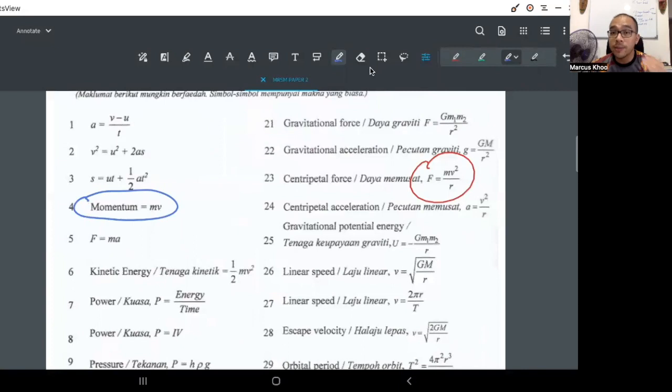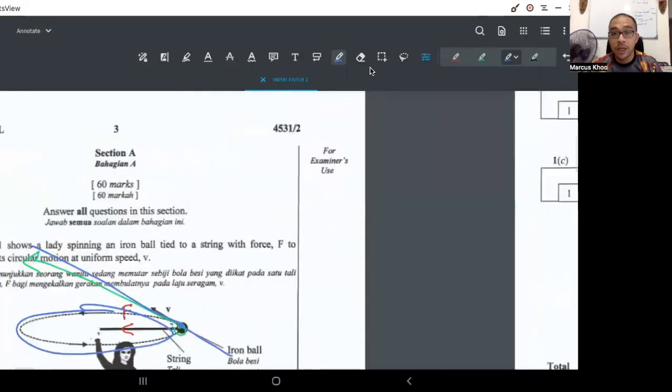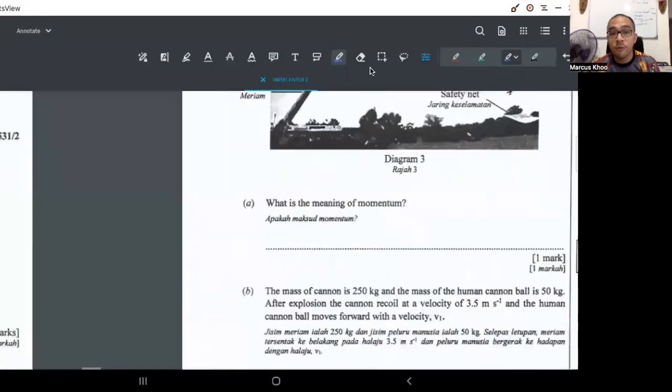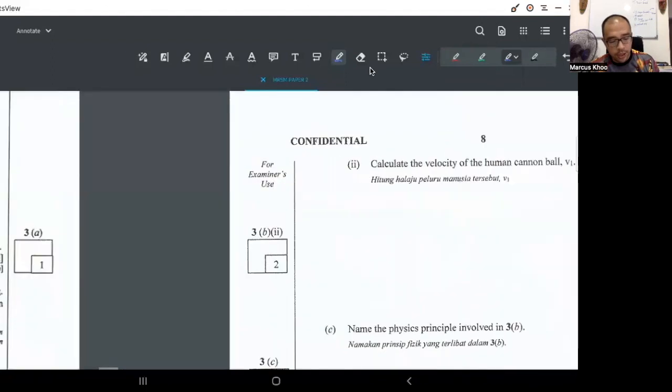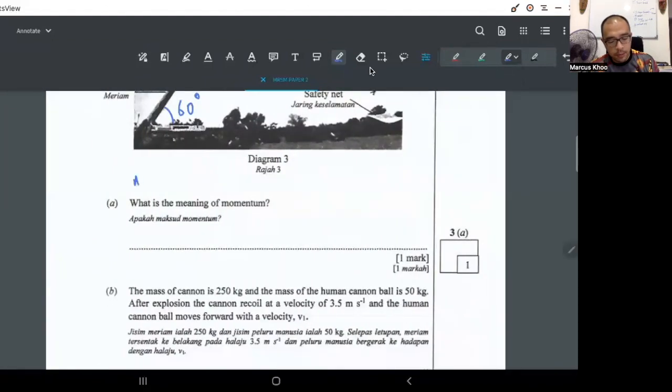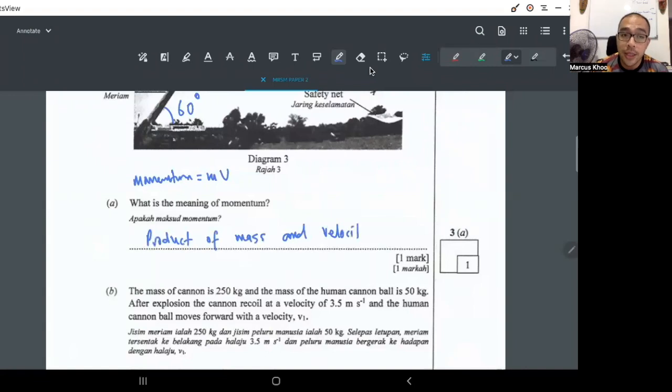The formula helps us to remember the definition, because momentum is m times v. So the meaning of momentum is the product of mass and velocity. That's the definition for momentum. So the formula helps us with this.